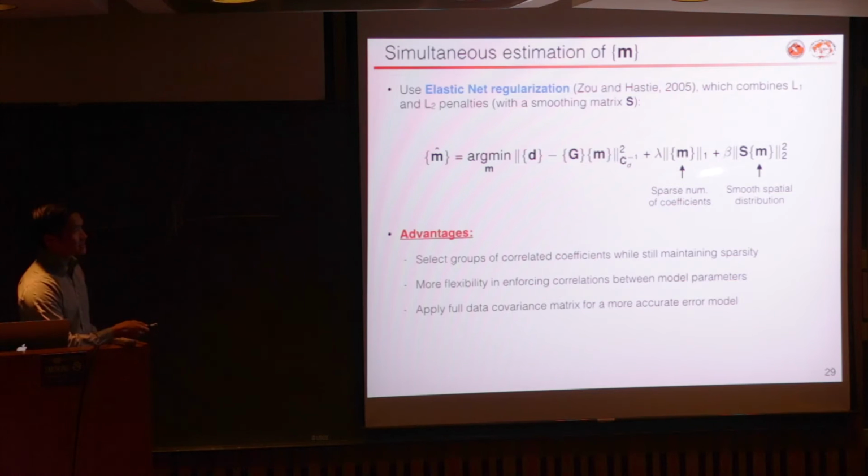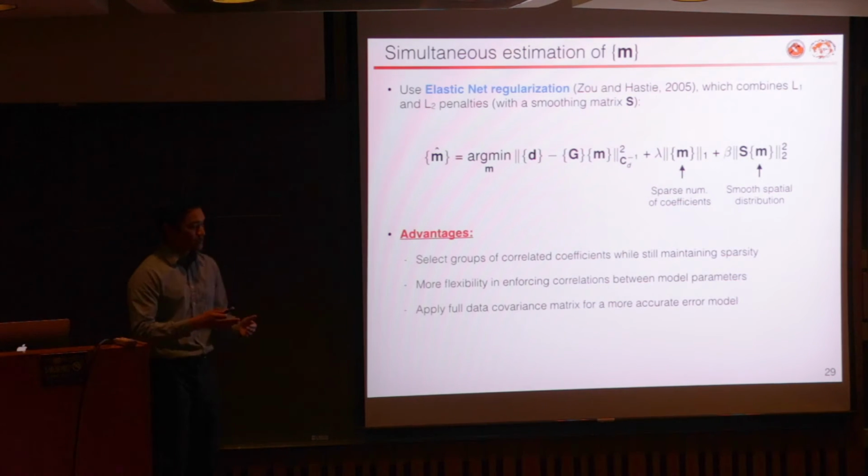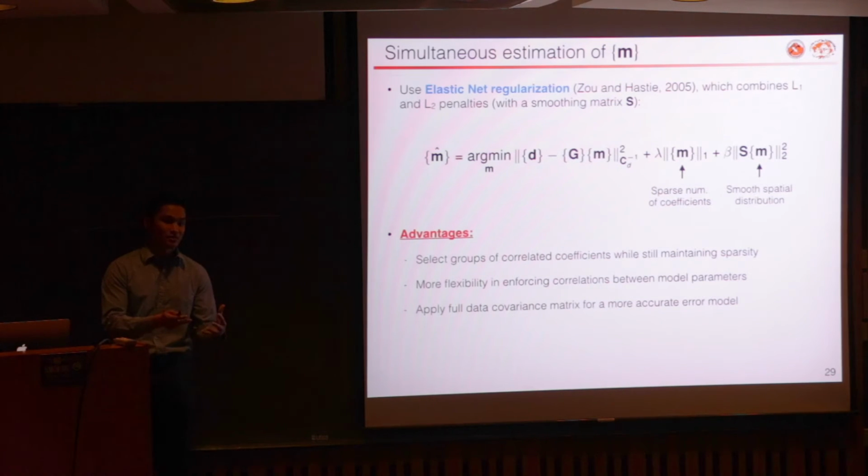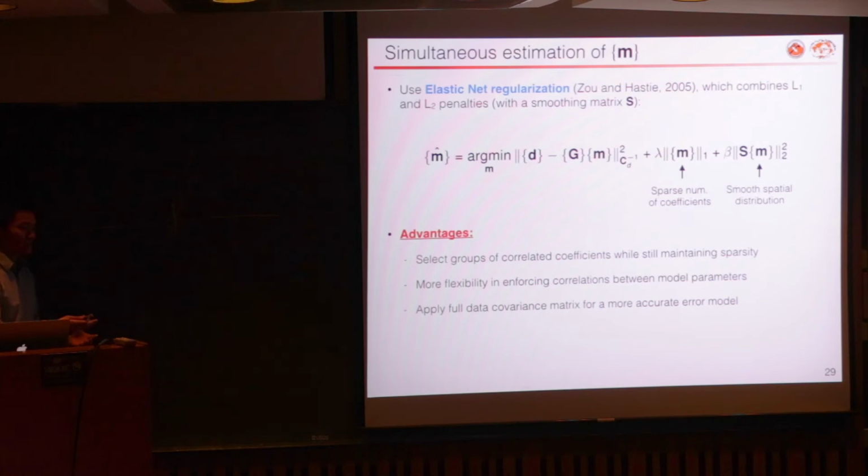In this case, S is simply a smoothing matrix, but you can also create S to include covariances that you would expect in time. Let's say you have a propagating signal. You can construct S intelligently so that you can enforce this propagation nature. And you can also apply a full data covariance matrix in your likelihood term for a more accurate error model.